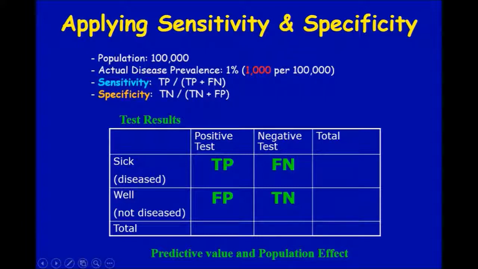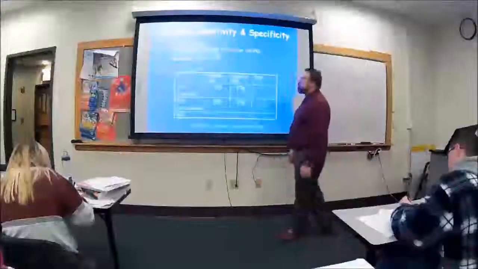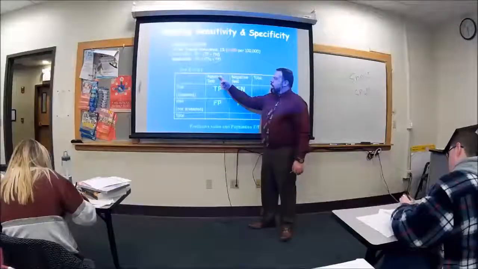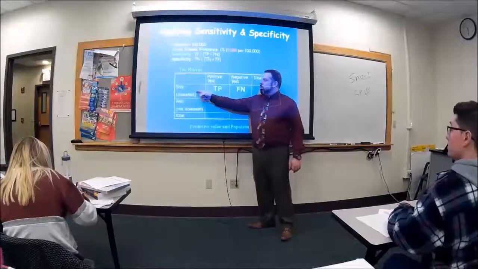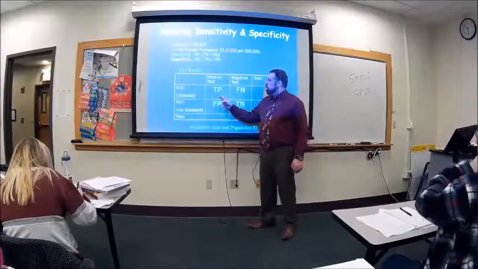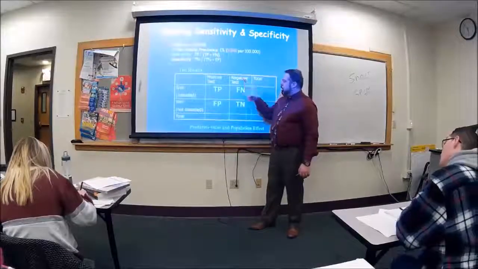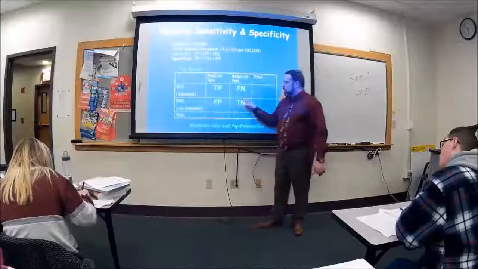So how do you put this all together? All right. Positive tests with people that have the disease, that's a true positive. People with a negative test that don't have the disease, that's our true negatives.